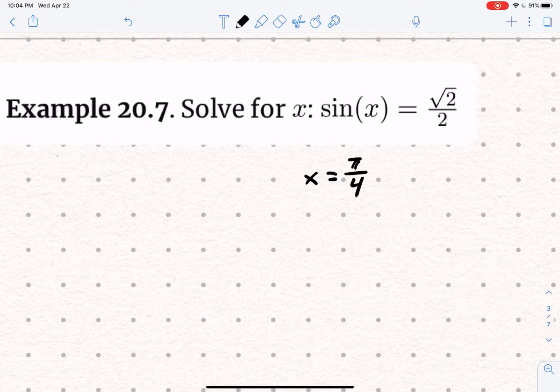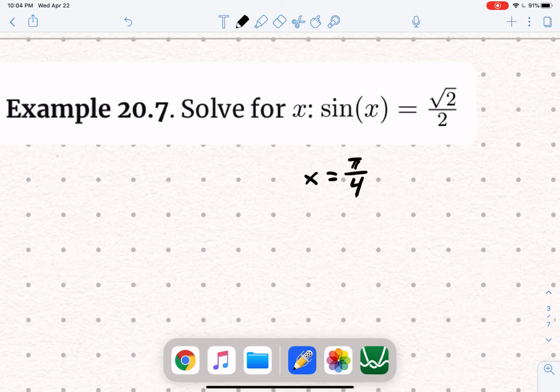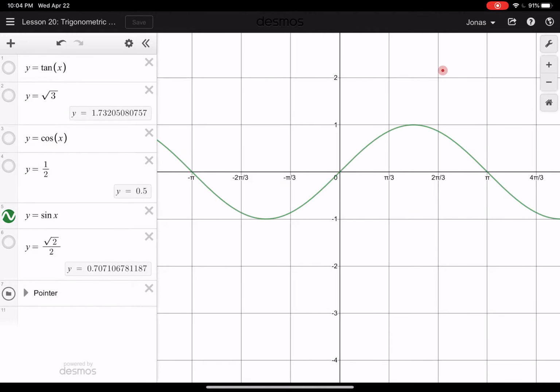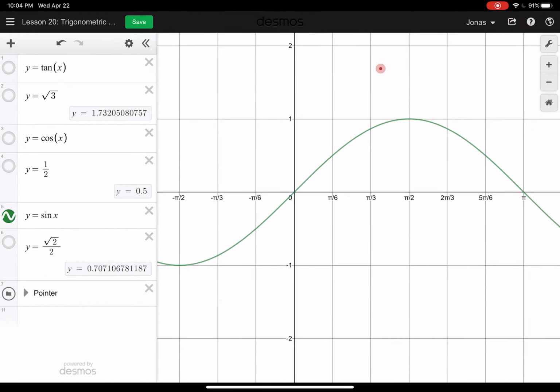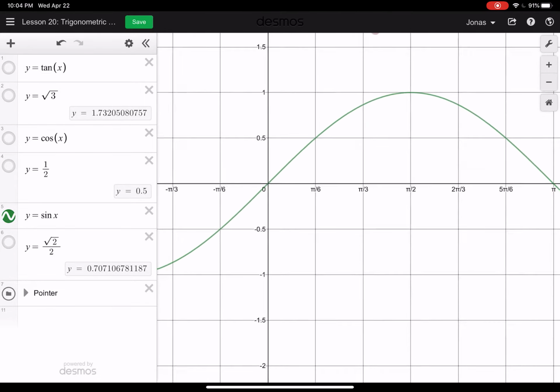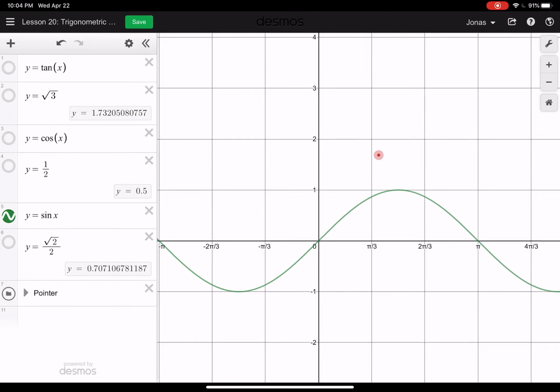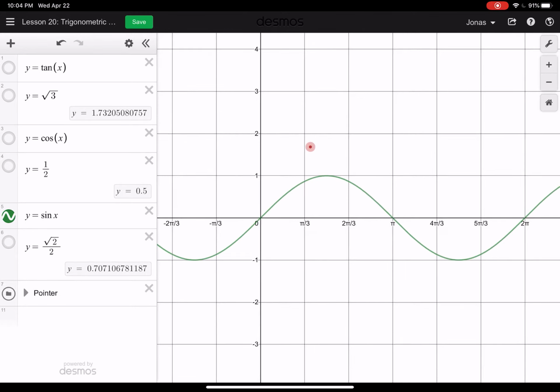Now, let's go ahead and look at the graph. Here's pi. There at the top is pi over 2, and pi over 4 is somewhere right around here. So this is the value where the sine function is equal to radical 2 over 2.